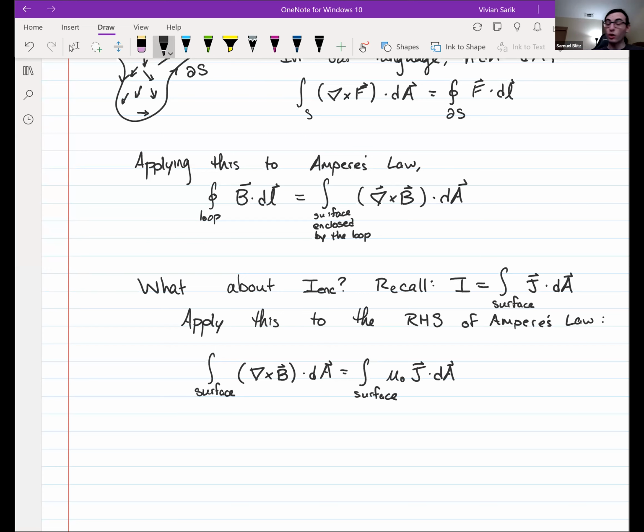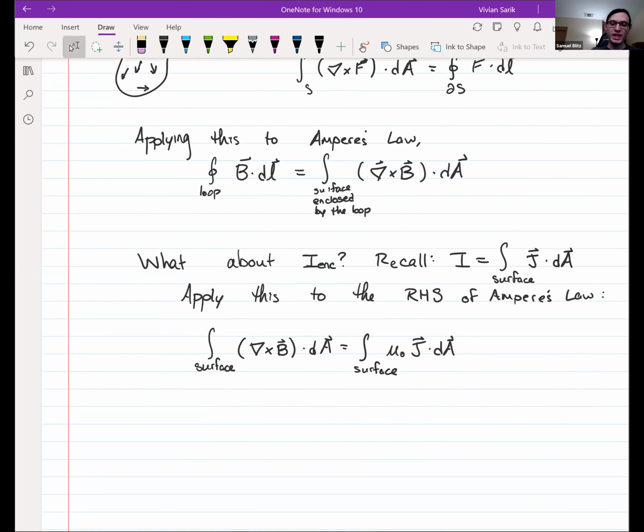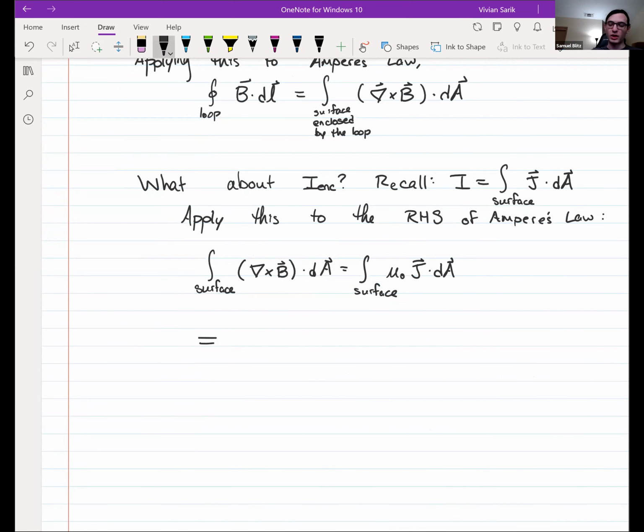And because this holds for any possible surface, the loop that we chose doesn't matter, because this applies for any loop, and hence it applies for any surface, we get the local form. The local form of Ampere's law is the curl of the magnetic field is equal to mu naught times the current density. This is Ampere's law, the local form.